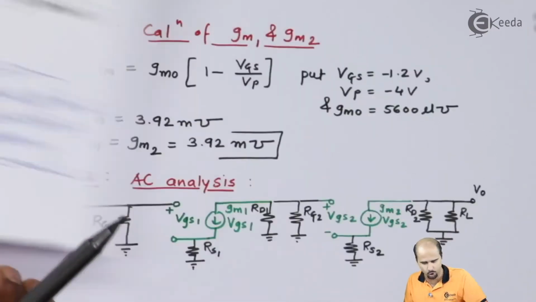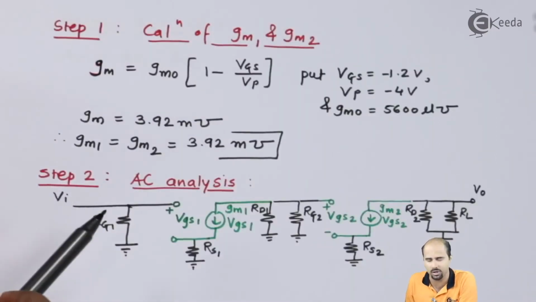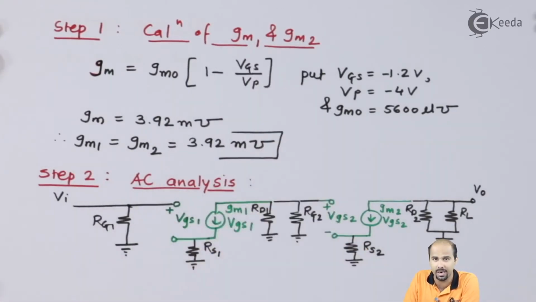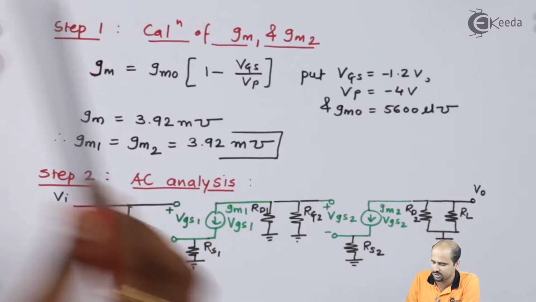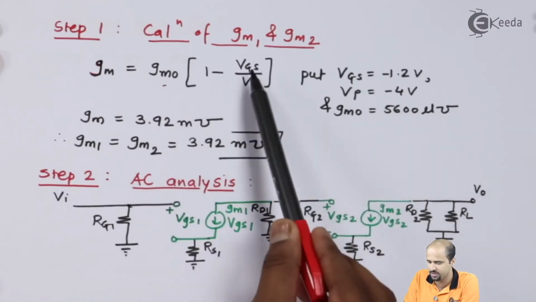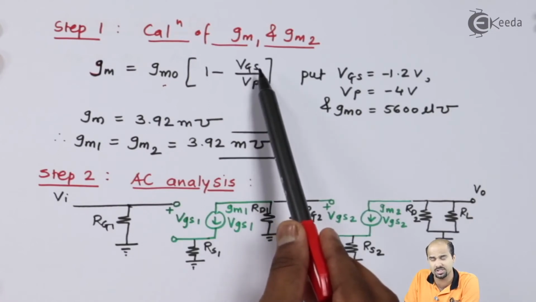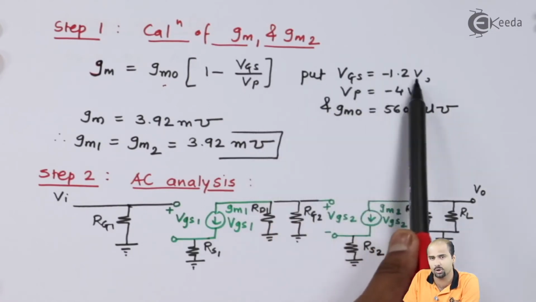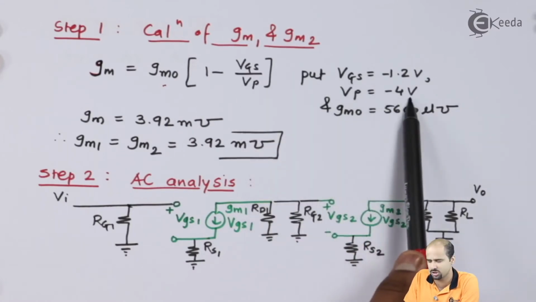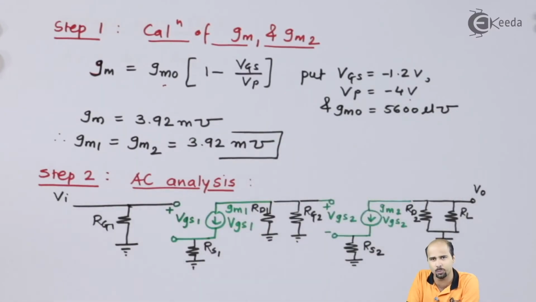So let's move on. First step will be the calculation of GM1 and GM2. What are the parameters which are given for us? GMO is given, that is 5600 micromho. VGS1 and VGS2 for both the stages are given, minus 1.2 volts. VP is given, that is minus 4 volts. What we have to do is just put the values and get the answer for GM.